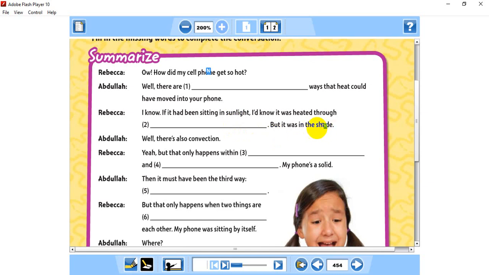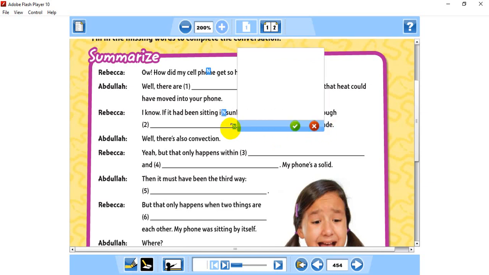So there is a reason why, even if she keeps her cell phone on the table, for example, or in a cold place, not in the sunlight, if you touch it, you will find it hot. Why, guys? Because of radiation.